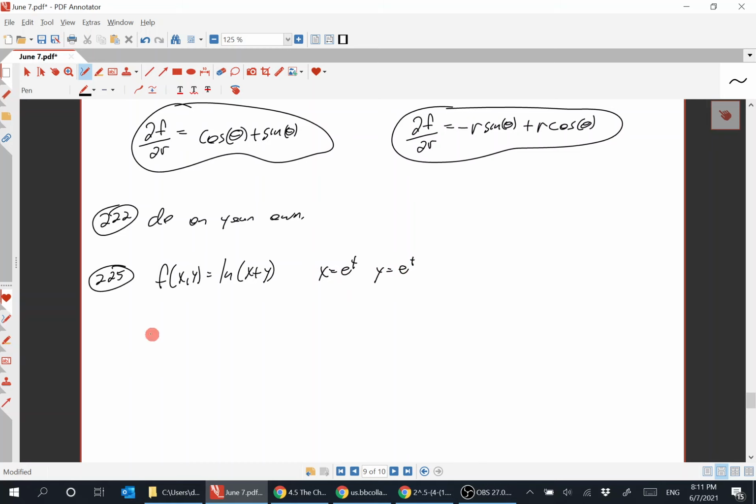All right, so by the chain rule, df dt is partial f partial x times dx dt plus partial f partial y times dy dt. So in this case, partial f with respect to x is just 1 over x plus y, times the derivative inside, which is just 1, times dx dt. Dx dt is e to the t.